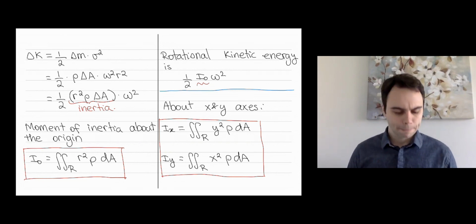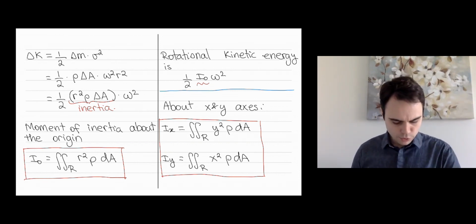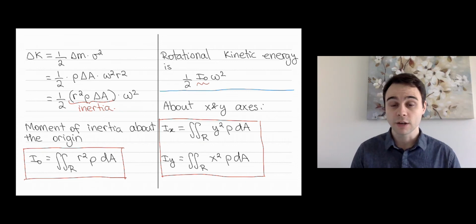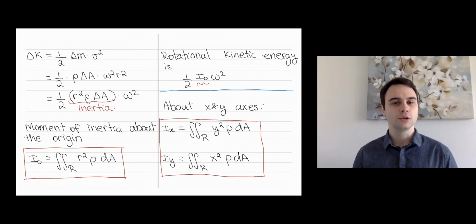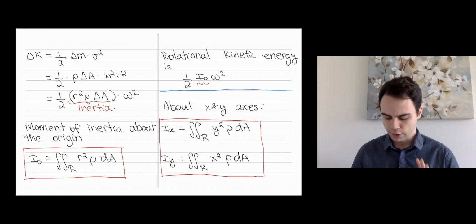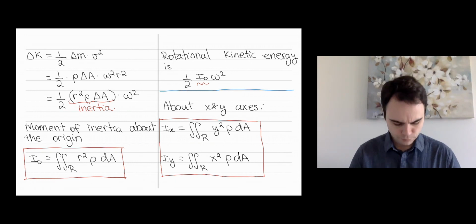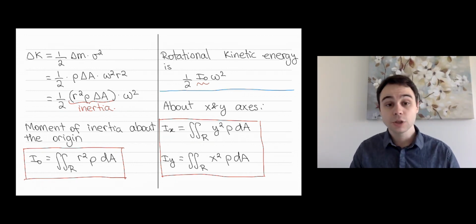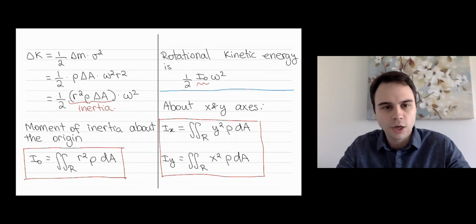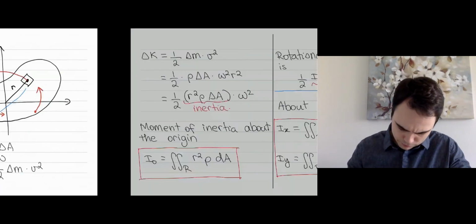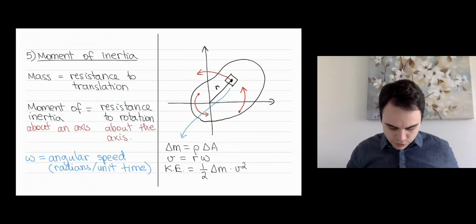Okay, so next I'm going to do an example of a calculation of a moment of inertia of a certain shape. I'll do it using polar coordinates, so it'll be a good example of a calculation using polar coordinates. But before I get to that, let me mention that the derivation I just did is not something you should expect to see on an exam. It serves to give you perspective.